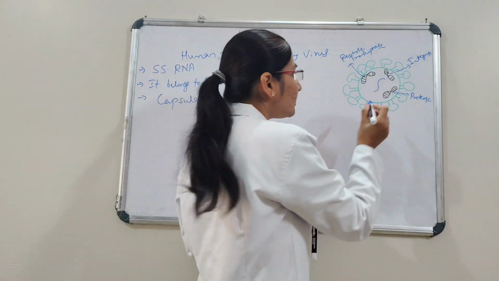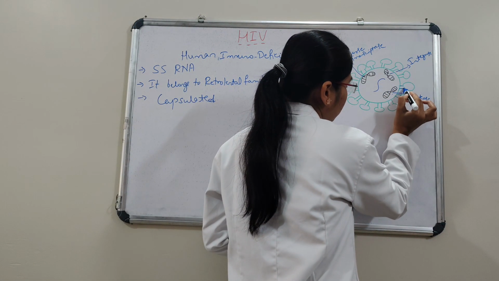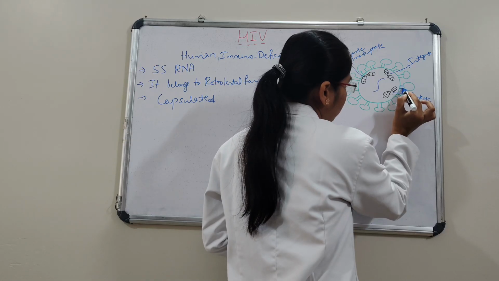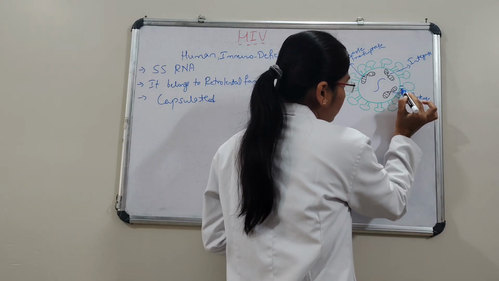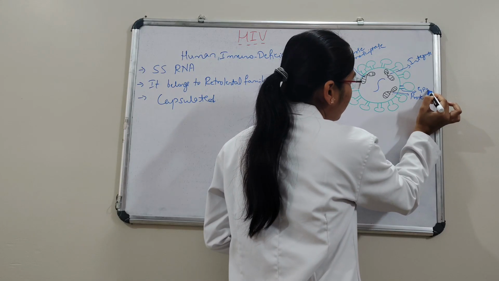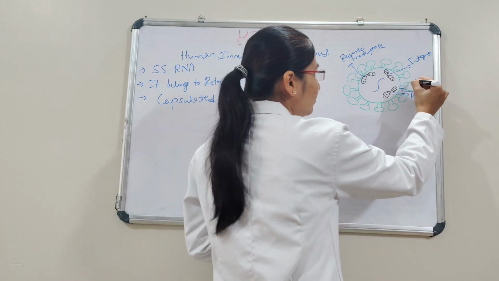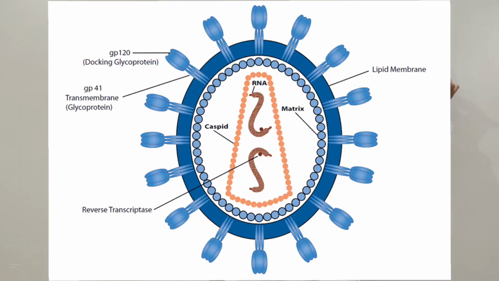And the important thing here, this blue mark is there, no? This one is glycoprotein 41, and then this one is glycoprotein GP120.